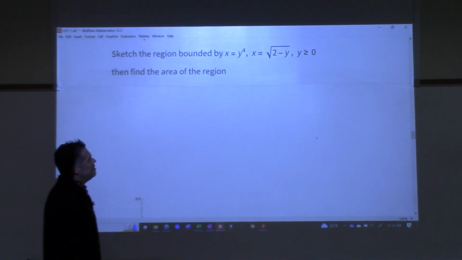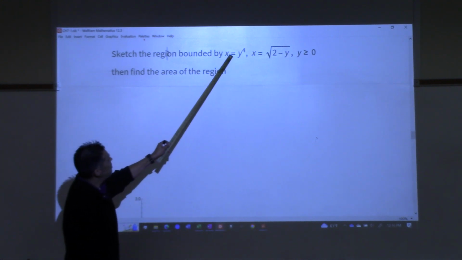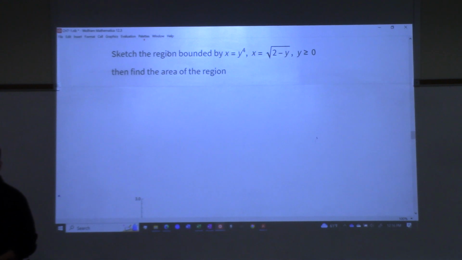This is maybe not as easy for people to know what the graphs of these look like. Right, so you might want something, but there's also a bigger problem, and that is two of these curves up here, this one and this one, are solved for x, aren't they? Which means that they are given to us as functions of y already.